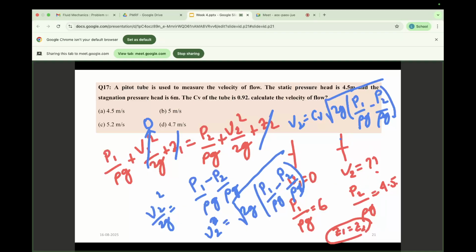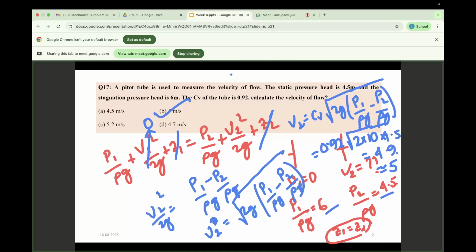You will get CV as 0.92 and 2 into, say consider g as 10, and this one is 6 minus 4.5, that is 1.5, and you will get an answer near about 4.9, so that is equivalent to 5. So the correct option is 5. See, basically it's only Bernoulli's equation, right? So this option B is the correct option.